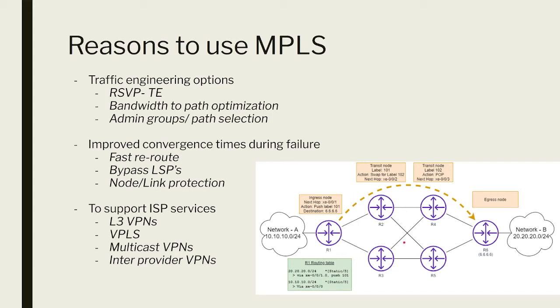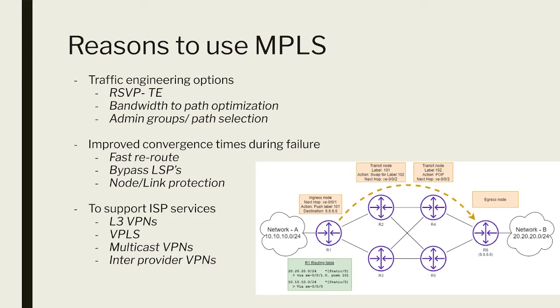What that might mean for you provisioning services for your customers is a basic subscription customer might get punted onto any old link, whereas maybe a premium customer has their LSPs specifically pinned or preferenced towards certain groups of links based on link coloring or admin groups, depending on the terminology that you want to use.